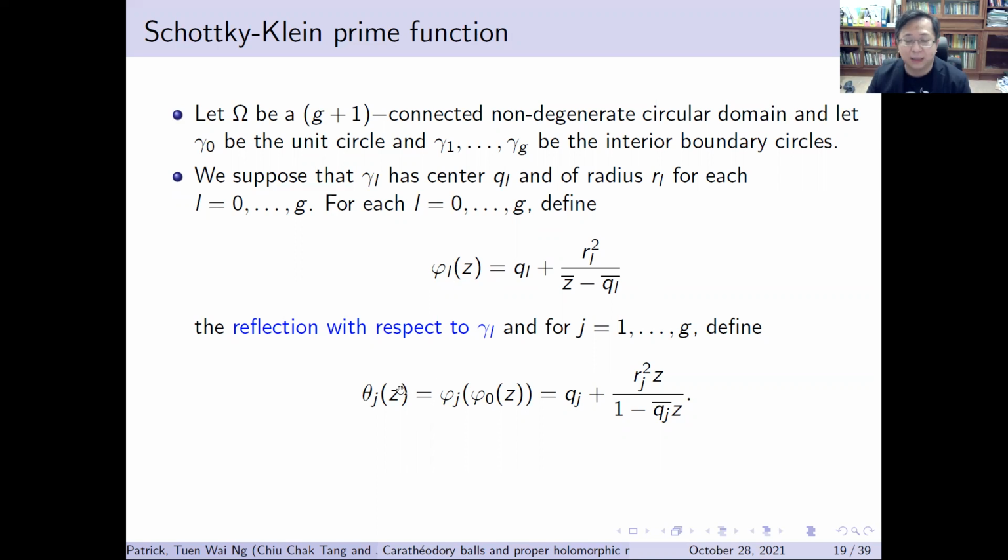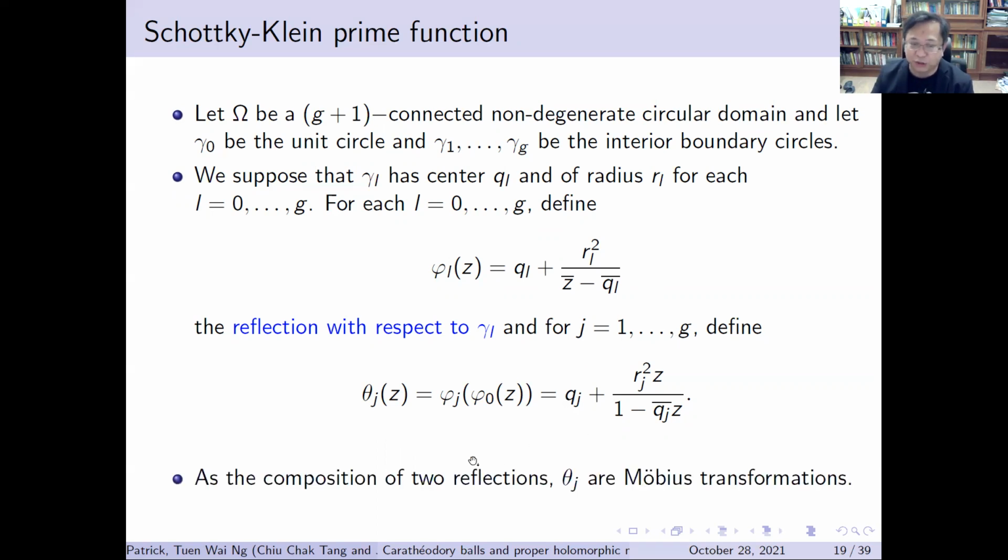And then we are going to introduce another map, theta_j, which by definition is: you first do a reflection across the unit circle, and then you do another reflection across gamma_j. So you will get this map here, and precisely you get this expression, which is just a kind of Möbius transformation.